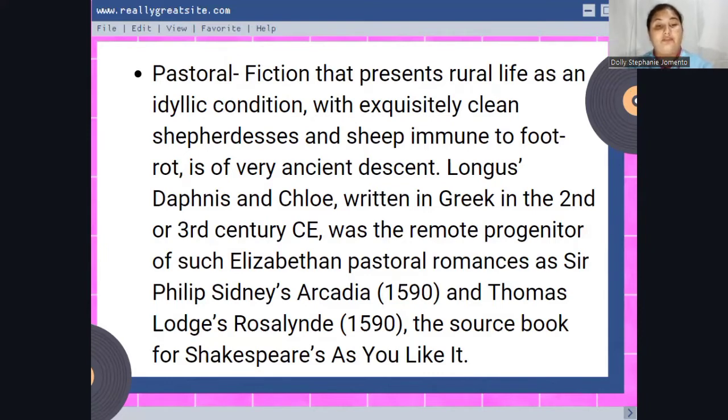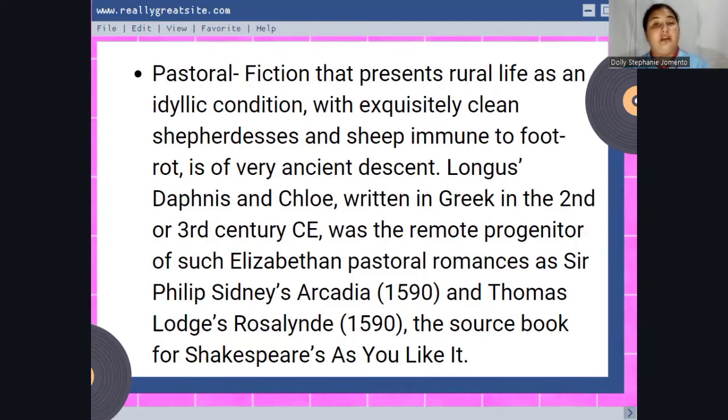Longus's Daphnis and Chloe, written in Greek in the 2nd or 3rd century CE, was the remote progenitor of such Elizabethan pastoral romances as Sir Philip Sidney's Arcadia in 1590 and Thomas Lodge's Rosalind in 1590, the source book for Shakespeare's As You Like It.